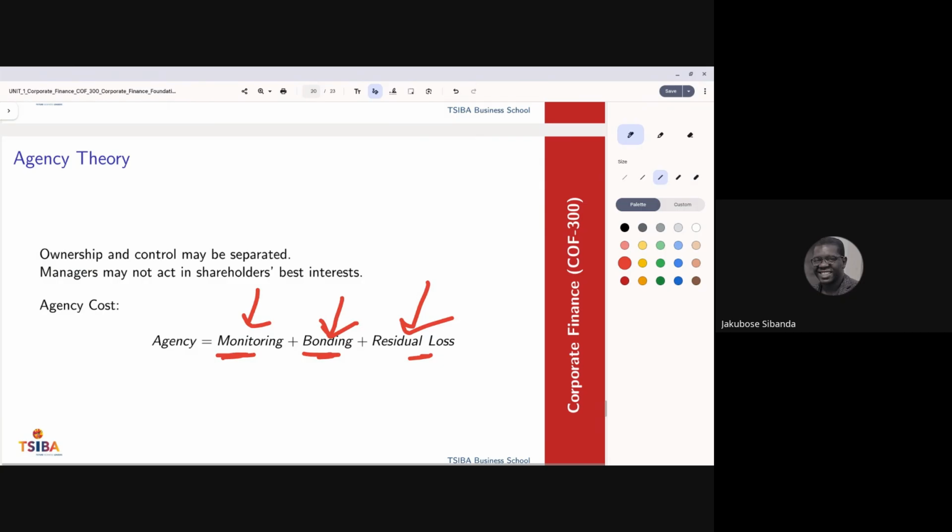Then bonding costs: these are costs incurred by managers to assure shareholders that they will act properly. So what will they do? They would engage in contractual commitments with other companies that are supplying them. If shareholders see that these guys have a long-term contract with a certain company, then it means it's a going concern.